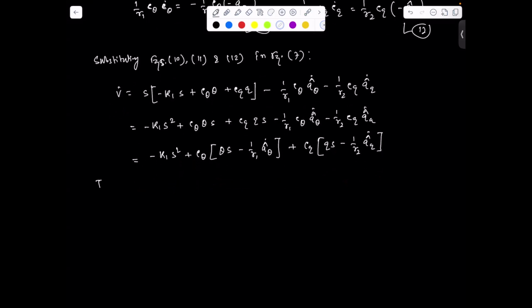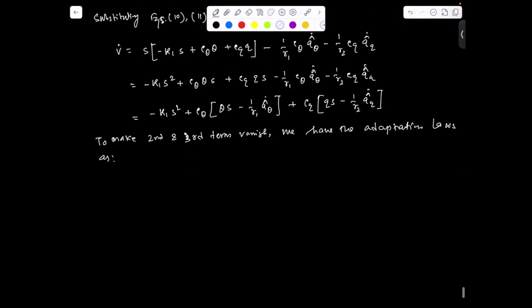So here, to make the second and third term vanish, we have the adaptation laws as A theta cap dot, we can design R1 theta S and AQ cap dot equal to R2 QS. So now these are the adaptive laws.